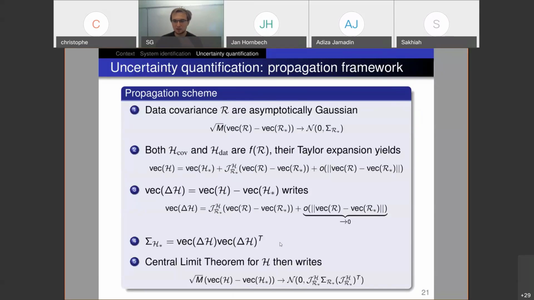And we can write a central limit theorem for H, which is stated here, where we can see that the covariance of H depends on the sensitivity matrix and the covariance of the covariance sequences R. So now we linked our subspace matrix H with covariance sequences R, and we can use the same scheme to link the sigma R to the covariances of the model parameter estimates, which we do next.